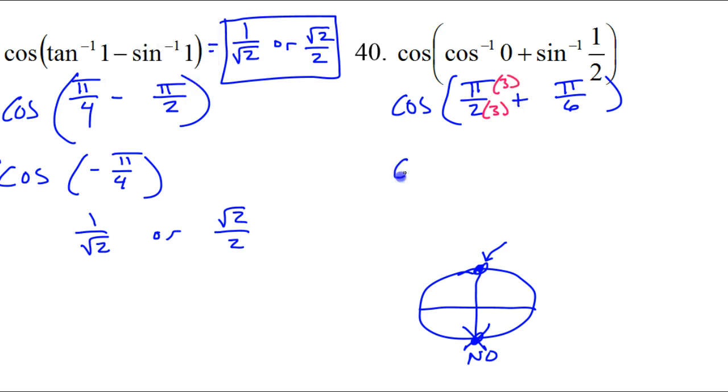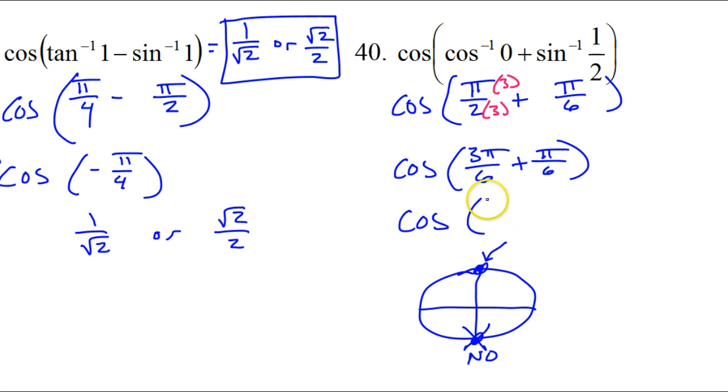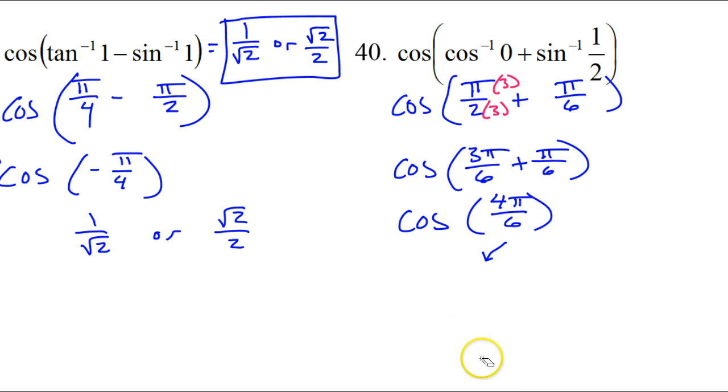So then the problem becomes the cosine of 3 pi over 6 plus pi over 6. So we're looking for the cosine of 4 pi over 6, which means we're looking for the cosine of 2 pi over 3.